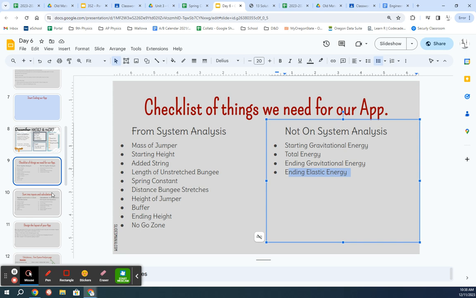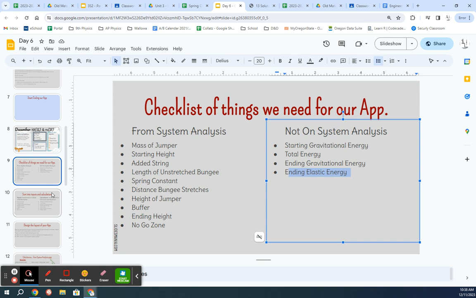Are we going to get the information by calculating something, or are we going to get the information by measuring or asking about something? So pause here, try to sort through this list as best you can, and then we'll go through this together real quick.